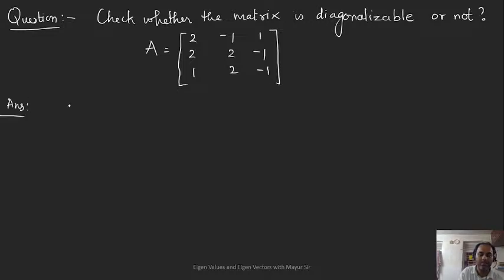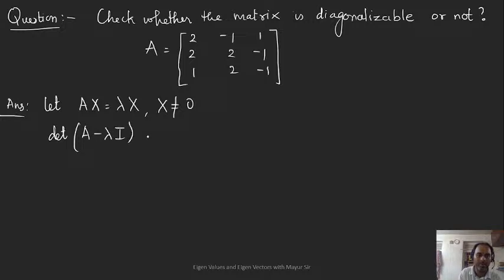Again we write the most standard steps. Let Ax equals lambda x, such that x is not equal to 0. Then determinant of A minus lambda I is equal to 0.